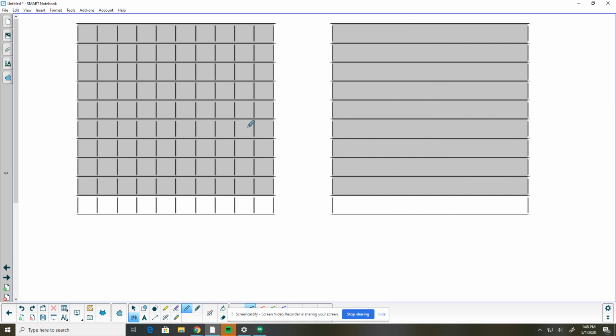If I were to take a look at these two grids, I know that this grid is showing me 90 hundredths. I can write it as a fraction. I know that that is the same thing as writing it as a decimal. If I look at this grid, I see that it is divided into tenths and that it is showing me 9/10.